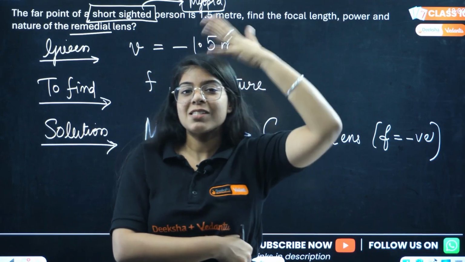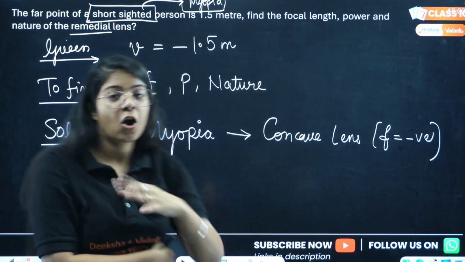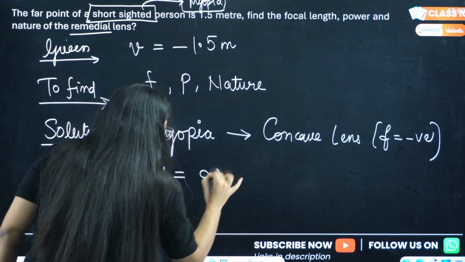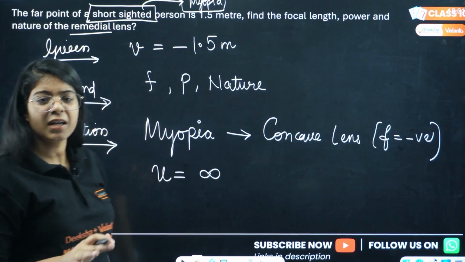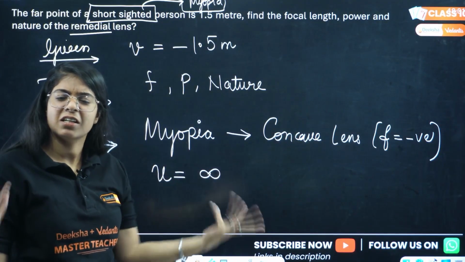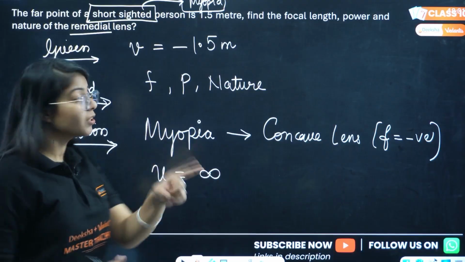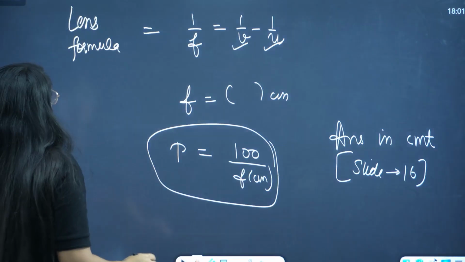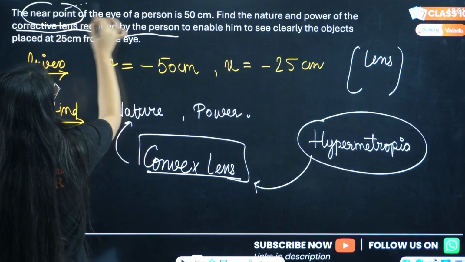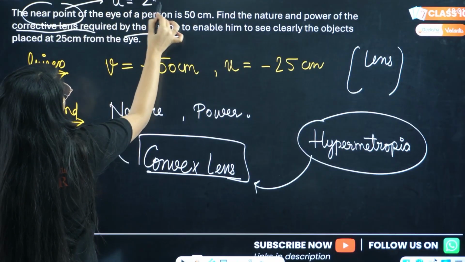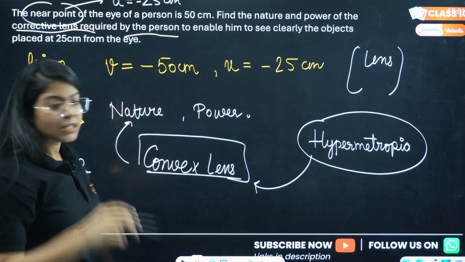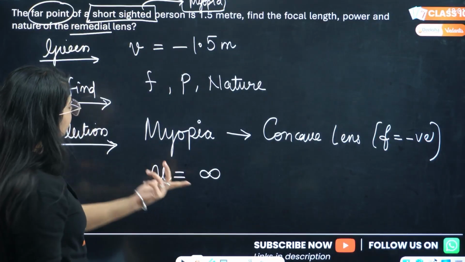Then my human eye lens will focus it on my retina. So in here, u is always infinity. Minus infinity, plus infinity, infinity doesn't matter. So for far point questions, the u will always be infinity. For near point questions, u will always be minus 25 centimeter. Understood?